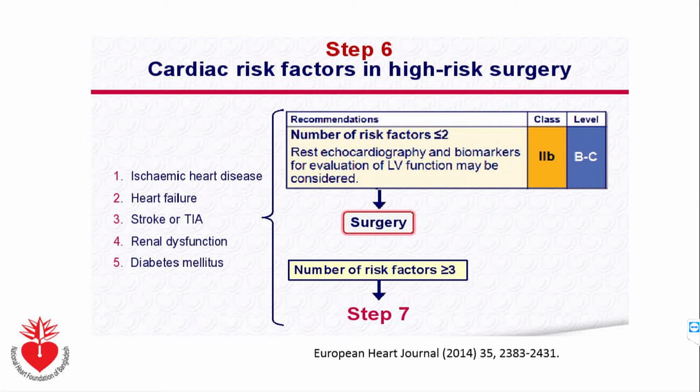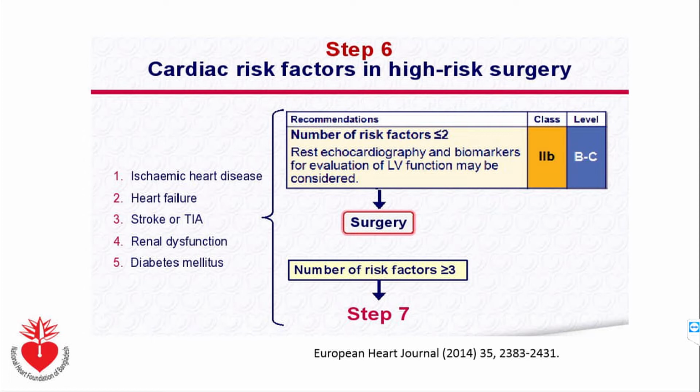And in this step 6, these are the clinical conditions. If the patient has fewer than 2 clinical conditions, such as unstable ischemic heart disease, decompensated heart failure, history of TIA, renal dysfunction as I previously mentioned, or diabetes, then you can do a resting echo.